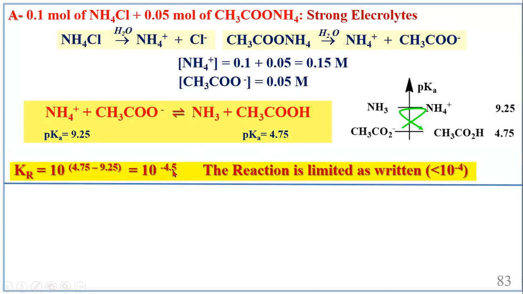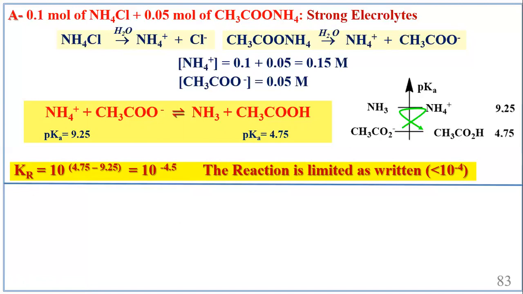This is 10 to the minus 4.5. And indeed, this reaction is limited, as I have written it. And because I don't have any products, that's all I have as reactants, I cannot go further. Usually, I should stop here.